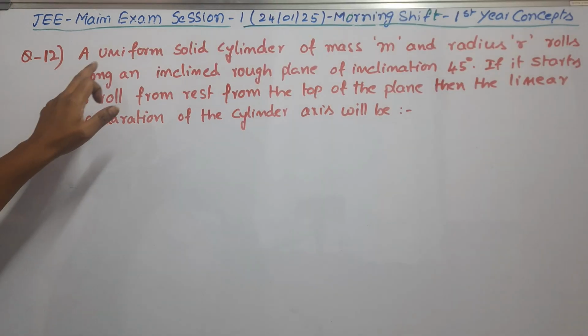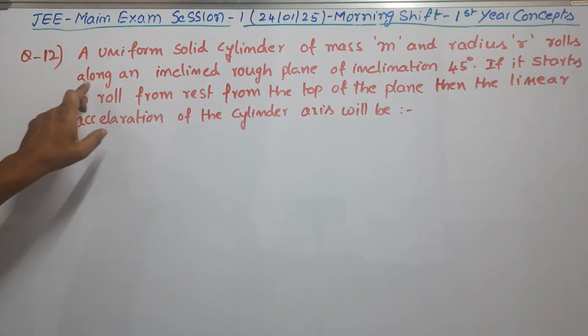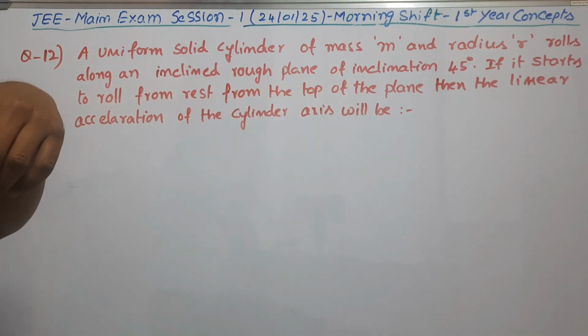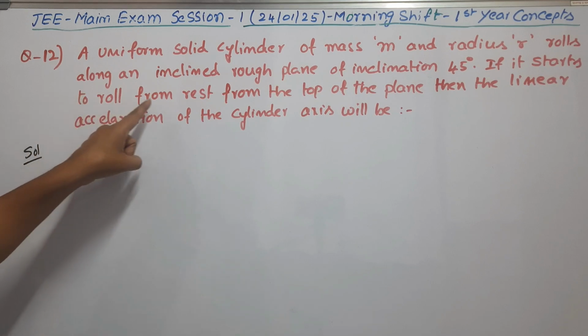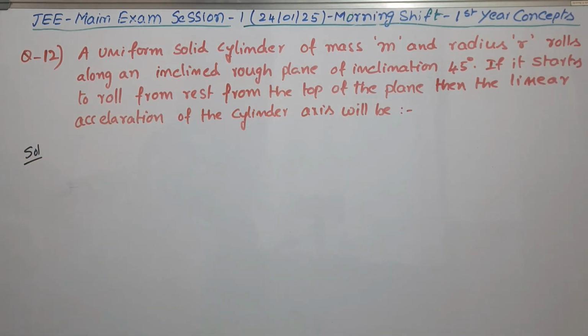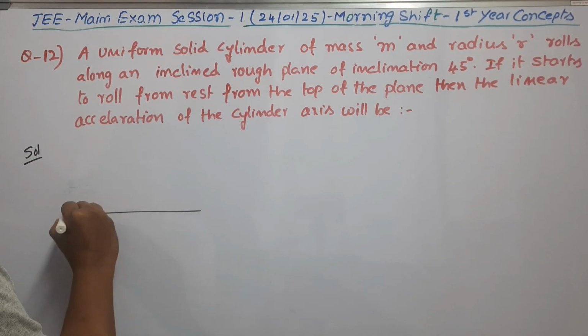The 12th question: a uniform solid cylinder of mass m and radius r rolls along an inclined rough plane of inclination 45 degrees. If it starts to roll from rest from the top of the plane, then the linear acceleration of the cylinder axis will be, to see, which is pictured like this.